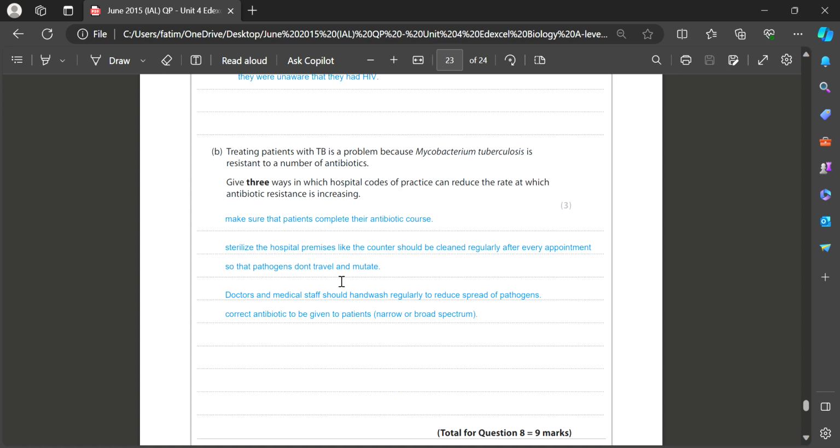So we should be very careful with what we're giving to our patients, because if you give them the wrong one, obviously it could mutate, it's no longer going to be effective anymore, and we have to come up with a new one, and that's going to put additional costs on pharmaceutical companies. So we need to make sure that we give them the correct antibiotic here.